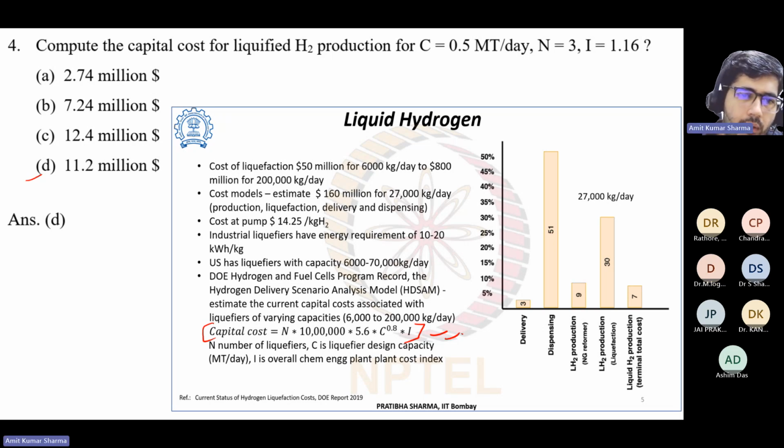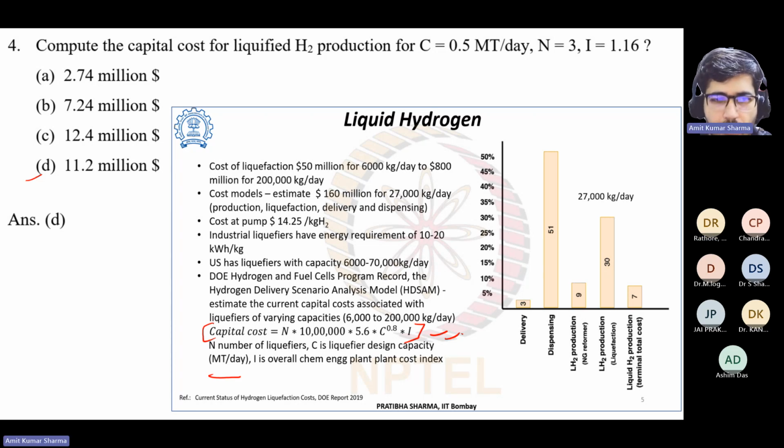It is a formula to calculate the cost to liquefy the hydrogen, where n is the number of liquefiers, C is the liquefier design capacity, in MT per day. You do not need to use 10 million because C is already given in million.